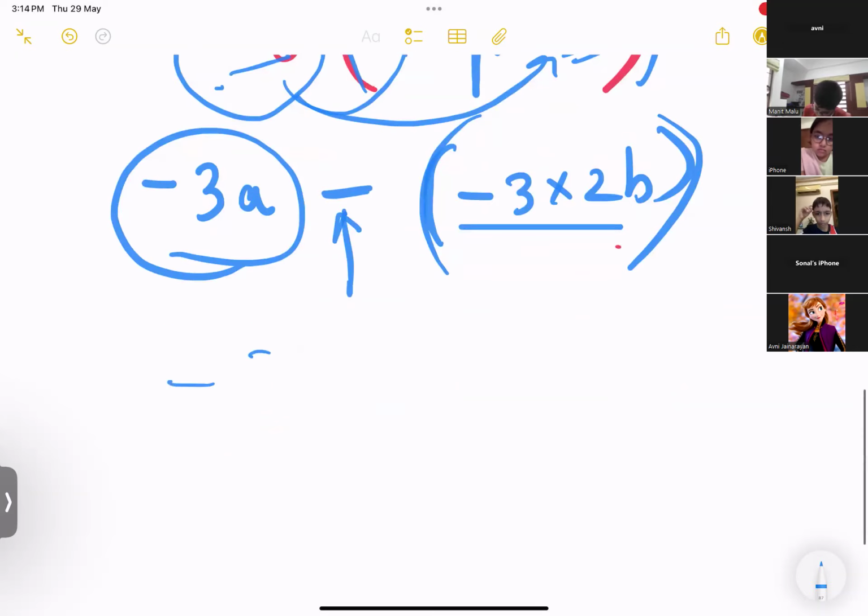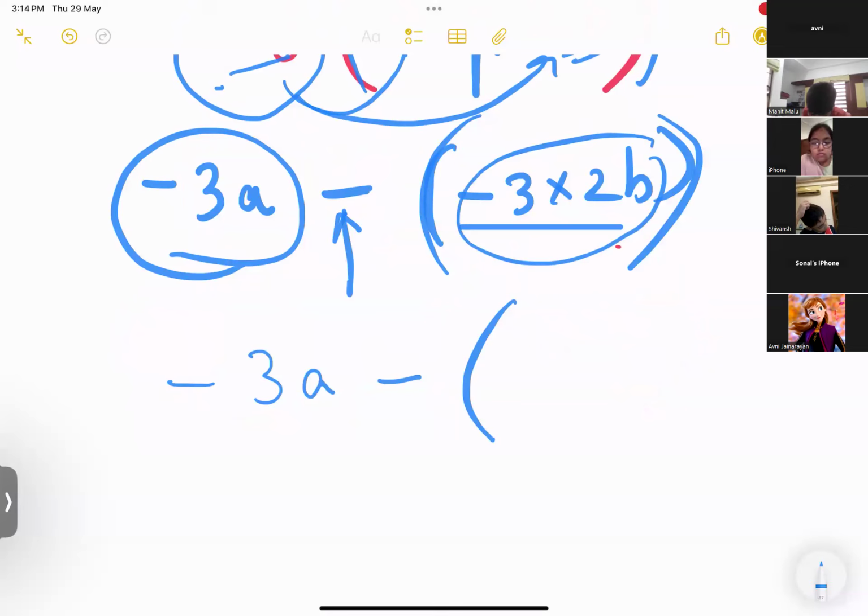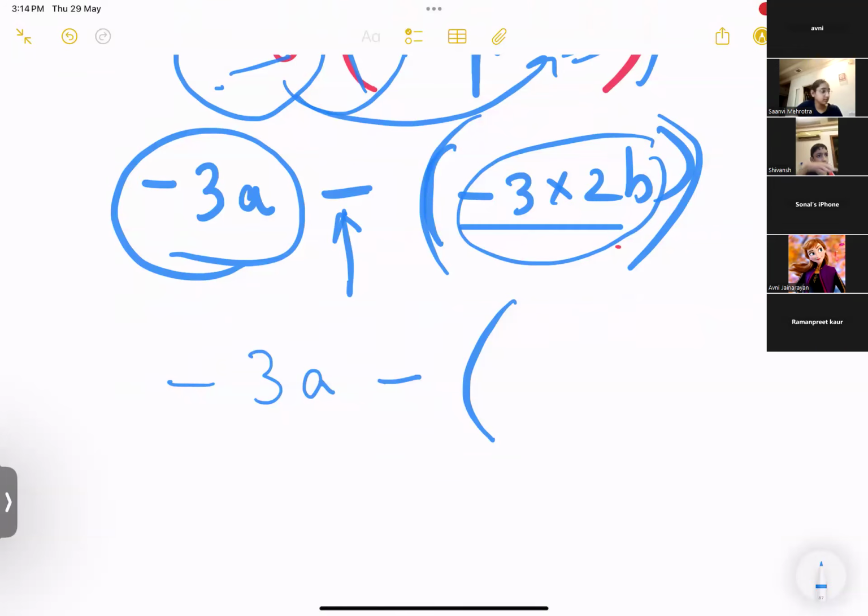Now, minus 3a minus, what is minus 3 times 2b? Children, give me the answer. Minus 3 times 2b. Minus 6b. Ma'am, minus 6b. Who gave the answer minus 5b? Samaira, did you say minus 5b? Ma'am, I said it by mistake. Okay. This is minus 6b.